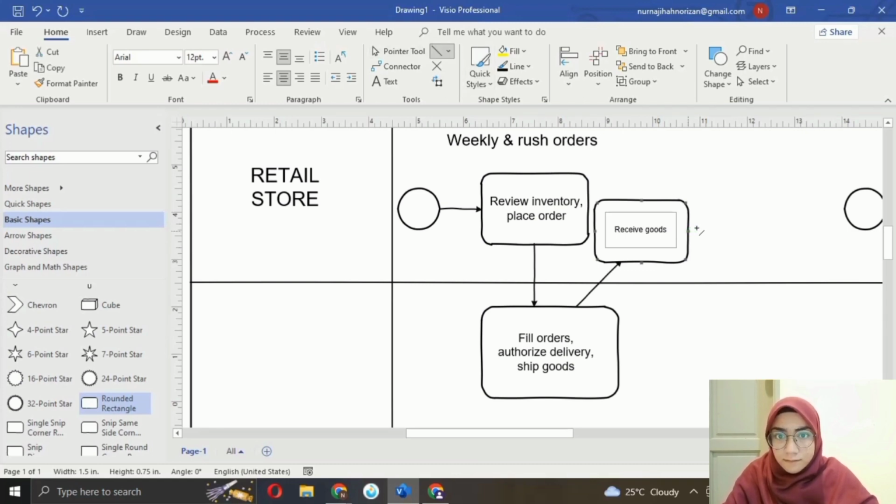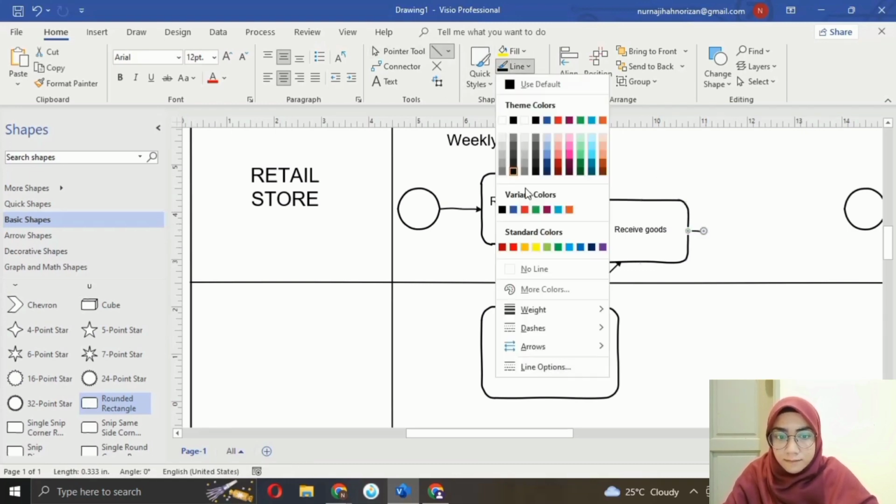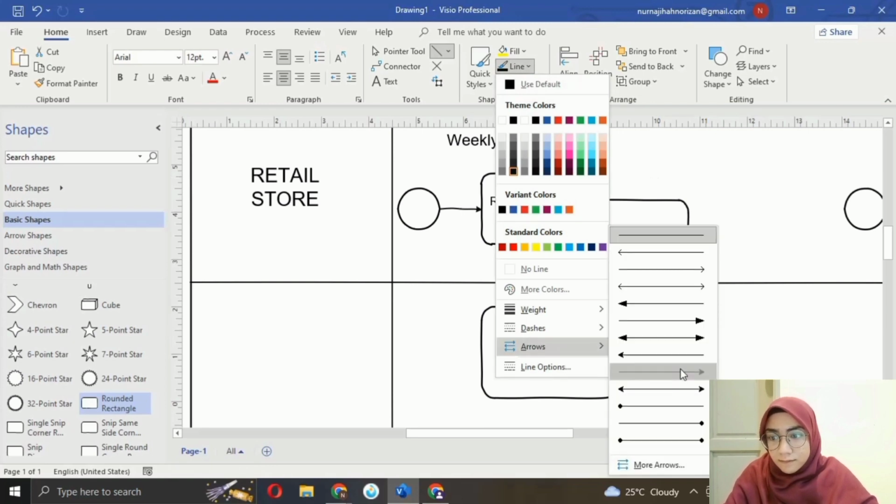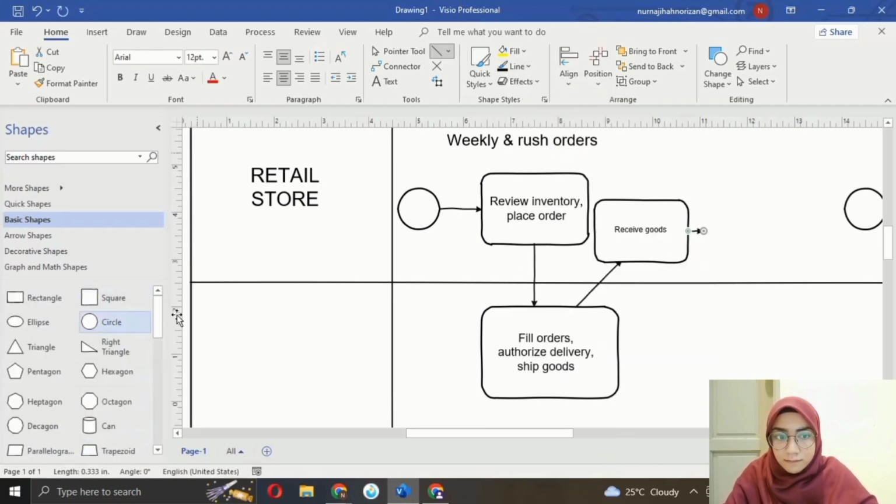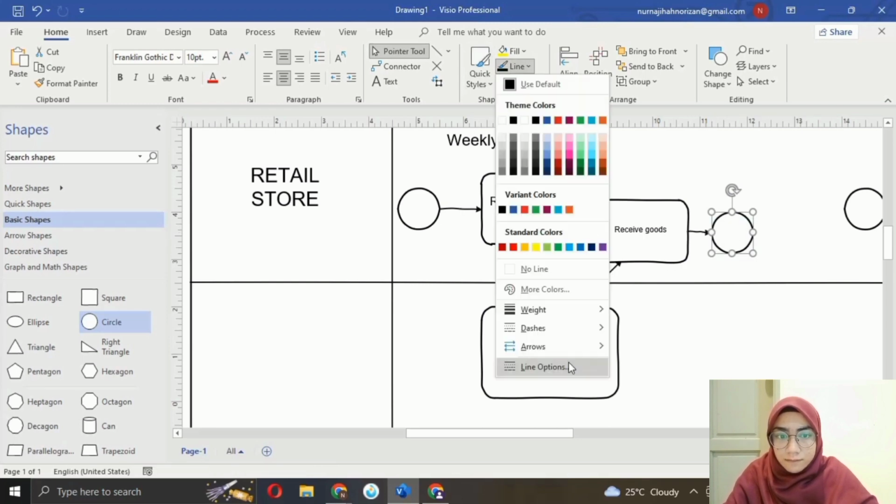So, to end this process, make another arrow and use a small bold circle to show the end of the process. So this shows the retail store requisition.